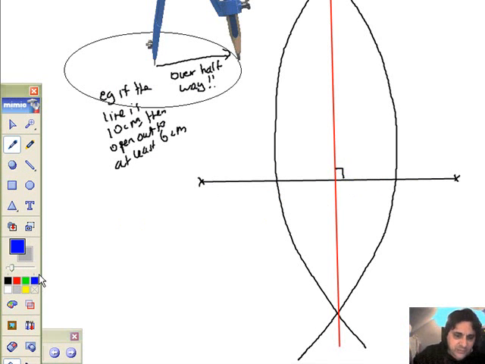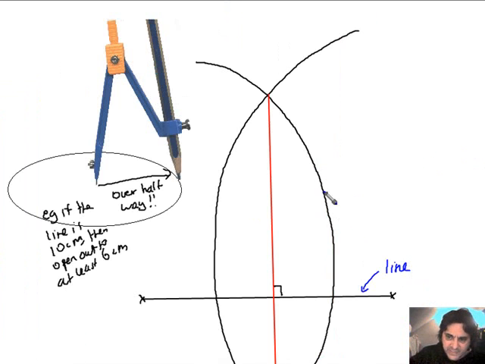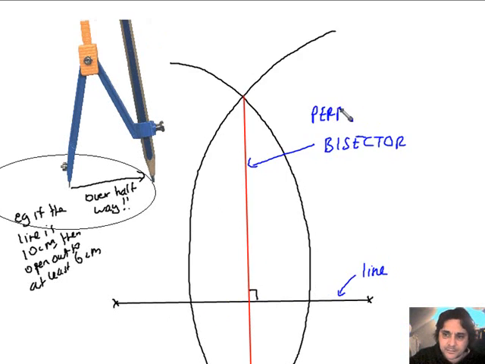Now let me label some stuff for you. This is the line itself, not very technical. This is 90 degrees. This is called a bisector. Bisector, listen to it, cuts in half. Bisector, and it's at 90 degrees to the line I've just cut in half, and therefore it's called perpendicular.